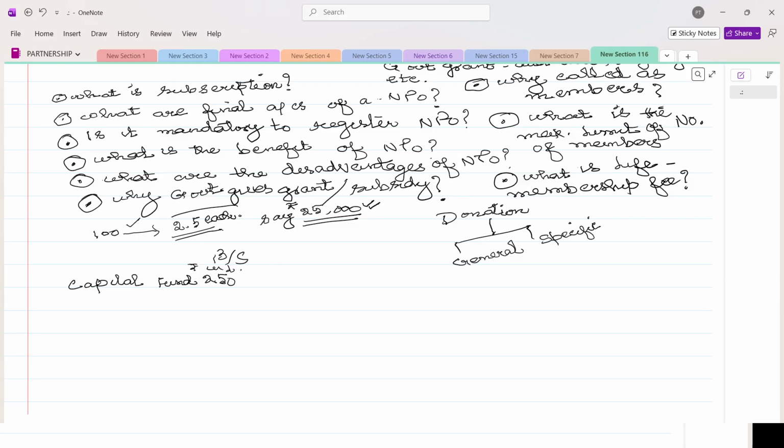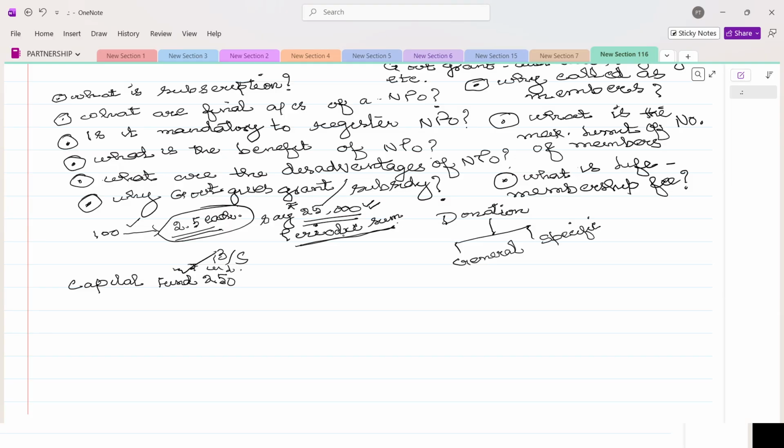Initially they paid 2.5 lakhs each to start, so we started with a capital fund of 250 lakhs. Now each member has agreed to pay 25,000 as subscription. So what is subscription? It is a periodic sum. Why do we call it a periodic sum? The period may be 15 days, quarterly, half yearly or yearly. It is the periodic sum collected from the members of the not-for-profit organization, so it is known as subscription. Now all of you understand what subscription is.